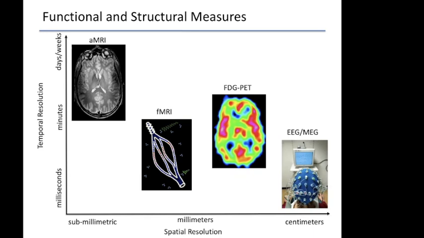So anatomical MRI, for some people, is far less interesting because your temporal resolution is basically constrained by the number of times you can enter the scanner in a given period of time. But I think there's still a lot to learn from that.